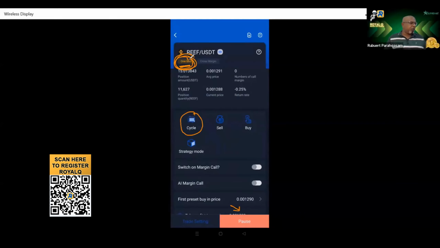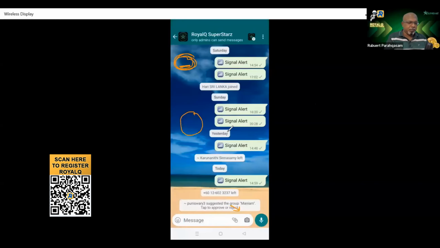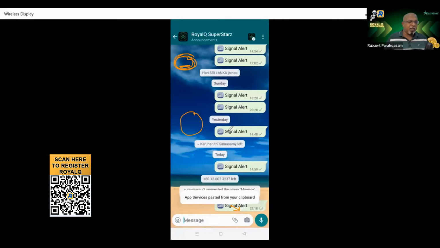Now, something very, very important. When you are new, or your capital is small, I recommend that you only take one signal per day. Every day we give multiple signals.